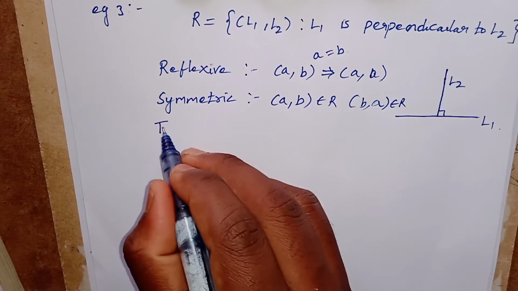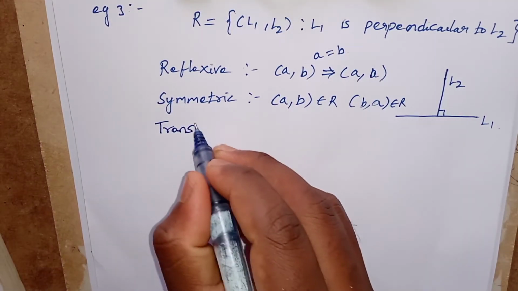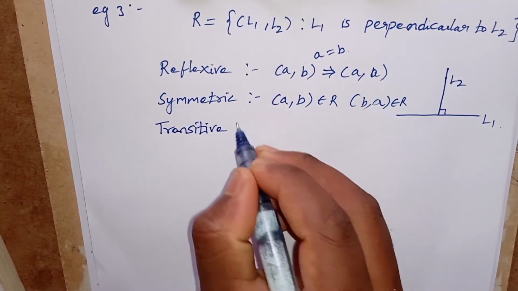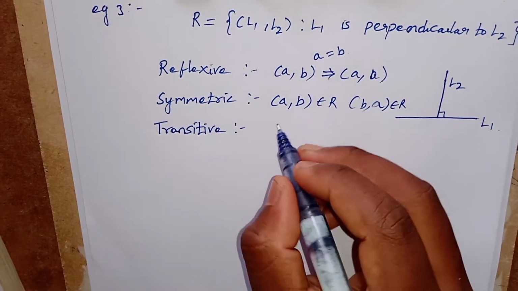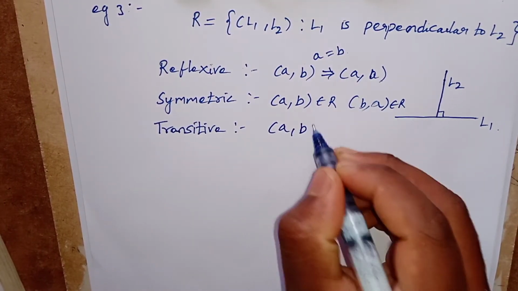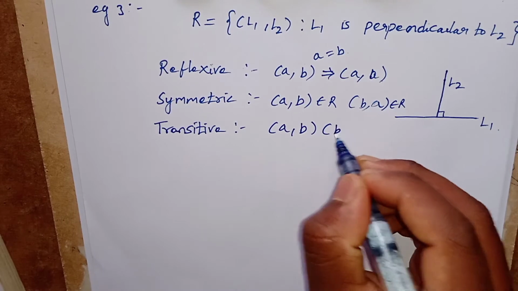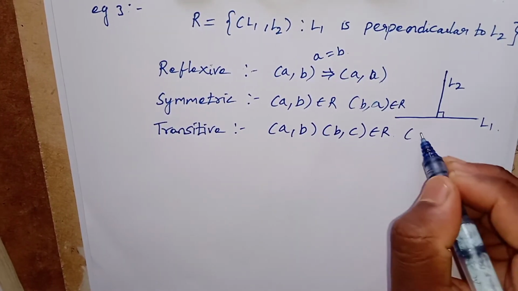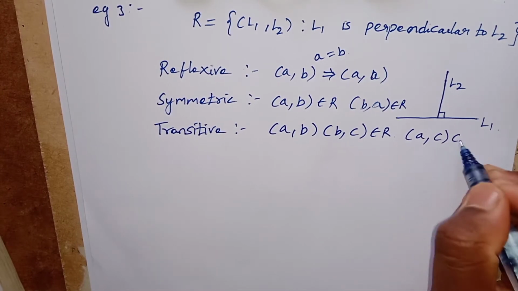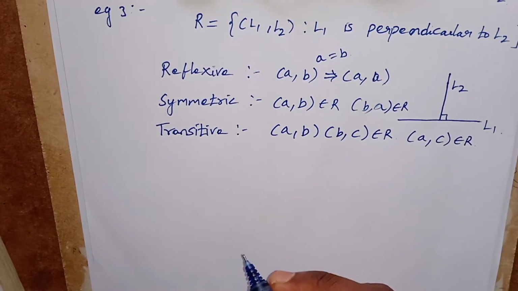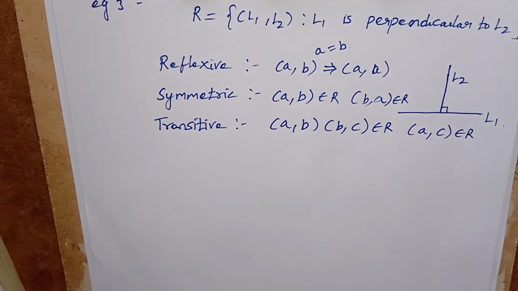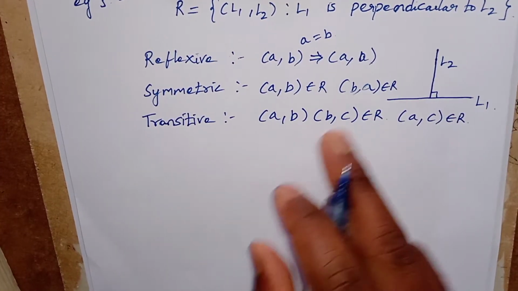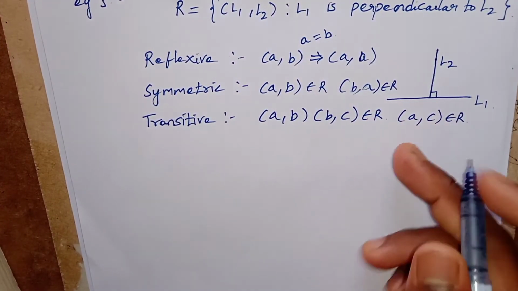Next, for transitive relation: if (a, b) and (b, c) belong to R, then (a, c) belongs to R, and it is transitive.